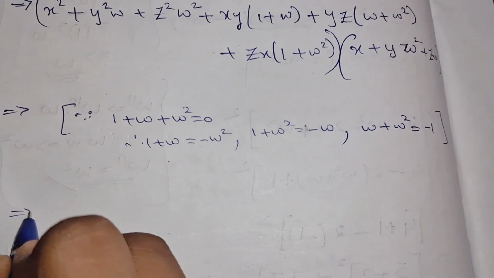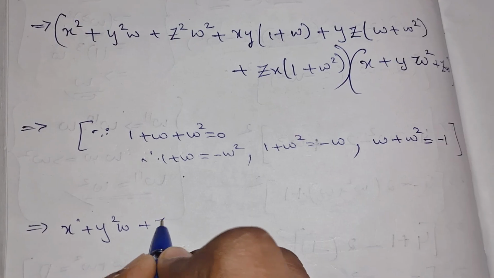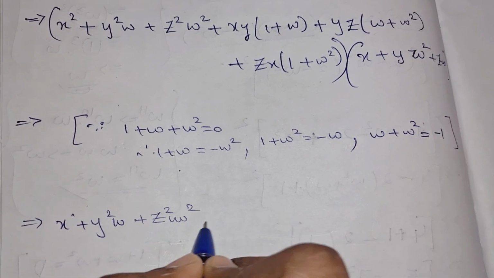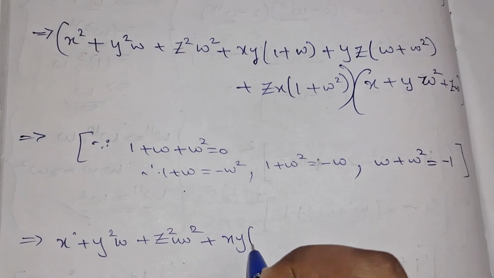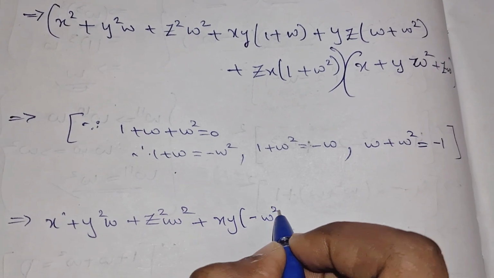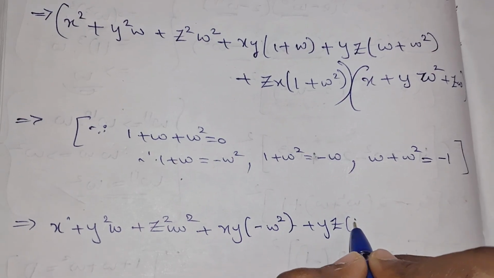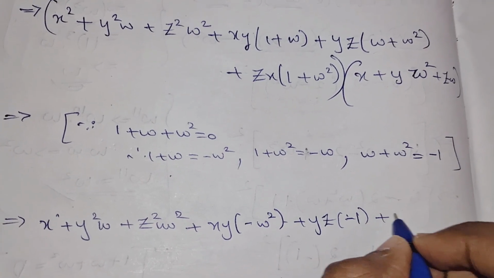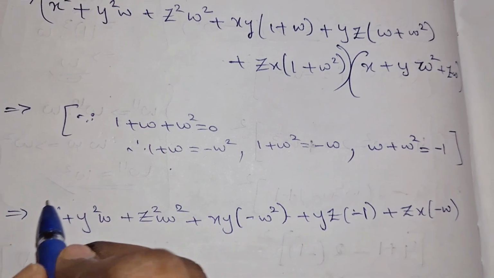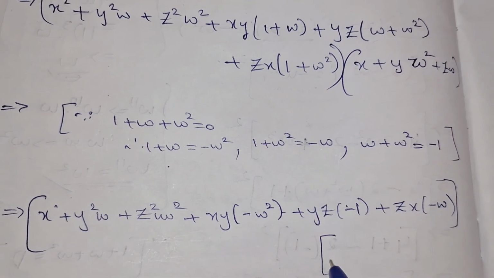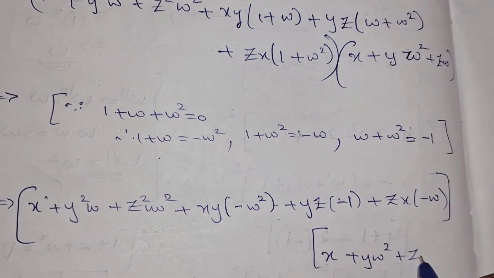So we'll get x square plus y square omega plus z square omega square, plus xy into minus omega square, plus yz into minus 1, plus zx into minus omega. This is again multiplied by x plus y omega square plus z omega.